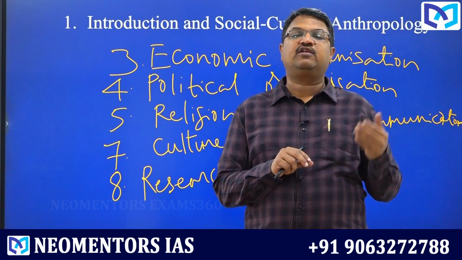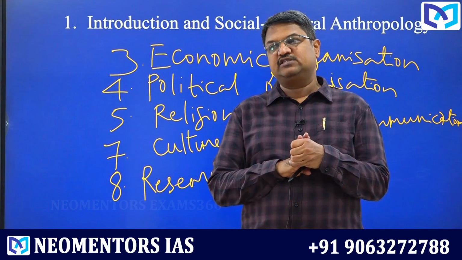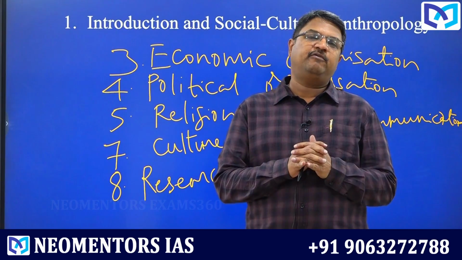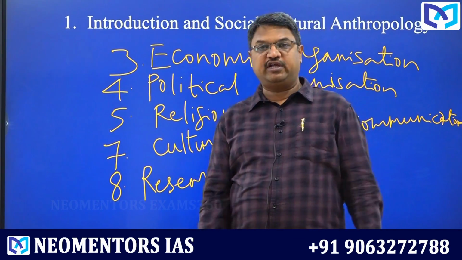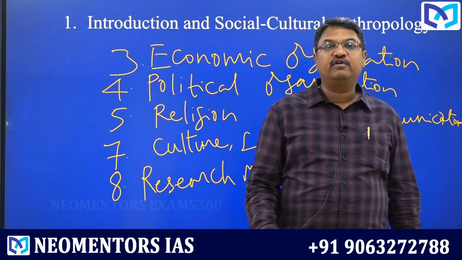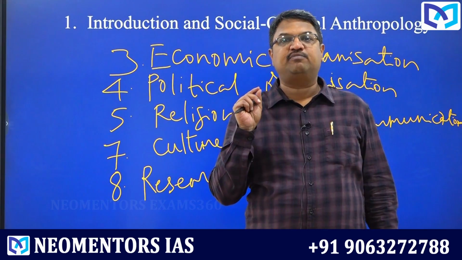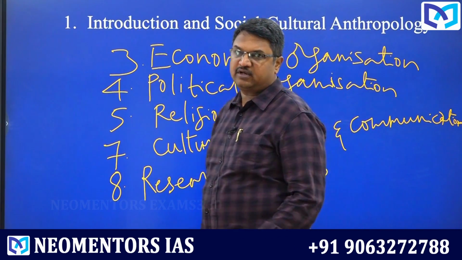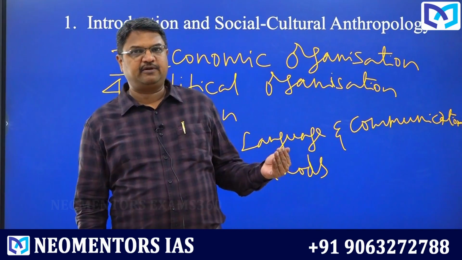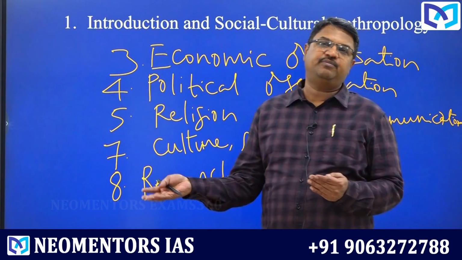There are several questions where you require the reading of many chapters together, sometimes in association with other chapters. A holistic way of study is possible only when you know the chapters almost by heart: which chapter I am reading, which topic is related to which chapter, how it is related to the other chapter, or how this topic in paper 1 is linked to that topic in paper 2.